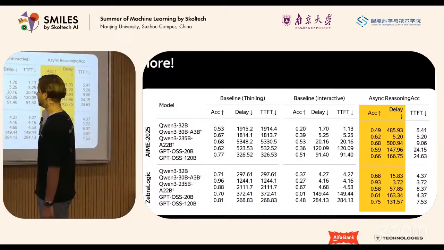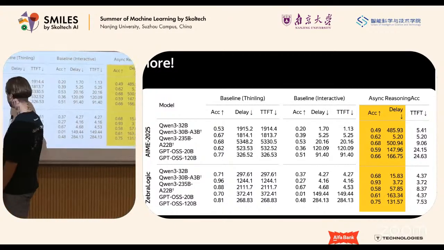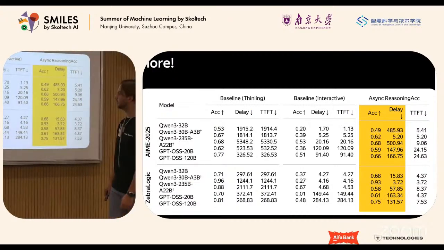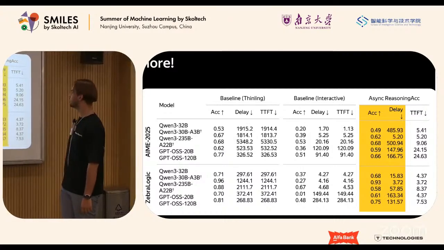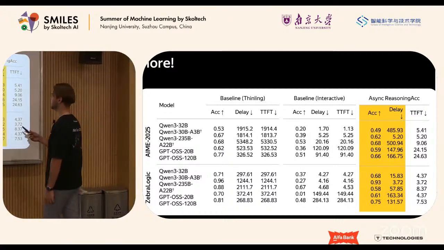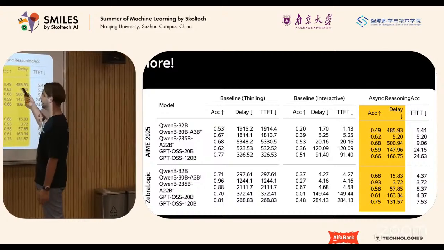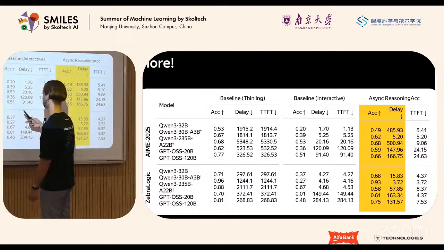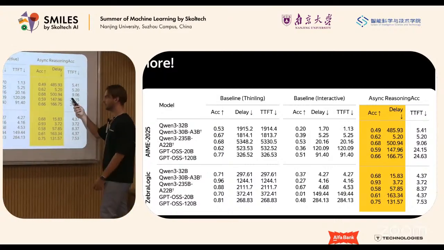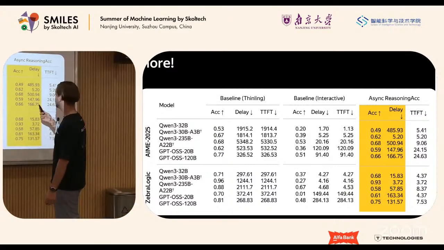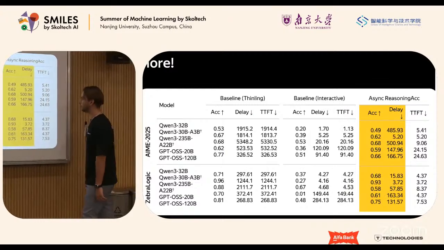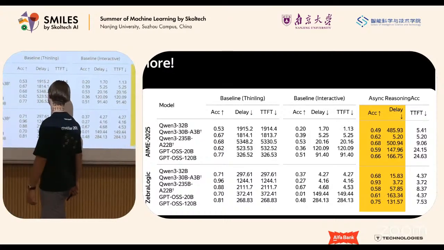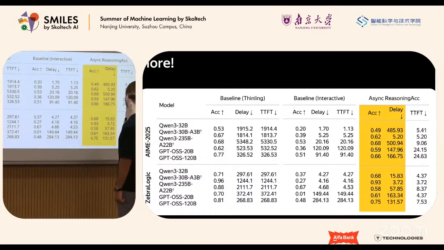And for the other models, here are stronger models, harder benchmarks. And if you see here, you can have accuracies which are closer to thinking baselines than to the interactive, which is the non-thinking baseline, and delays which are higher than the interactive baseline, but much lower than the thinking delays.